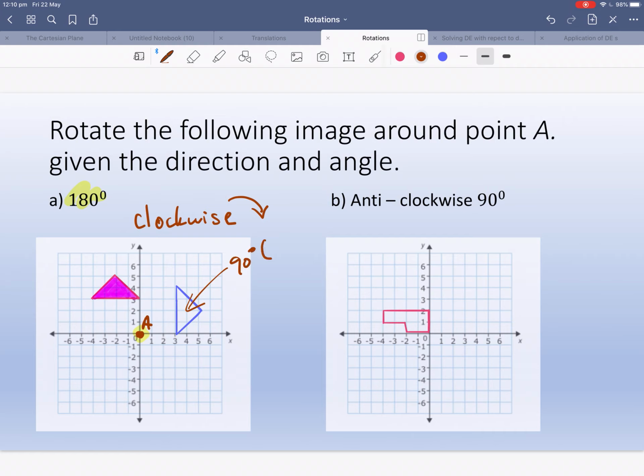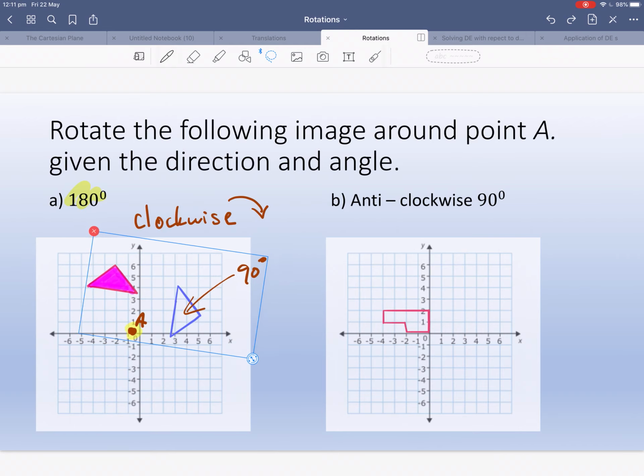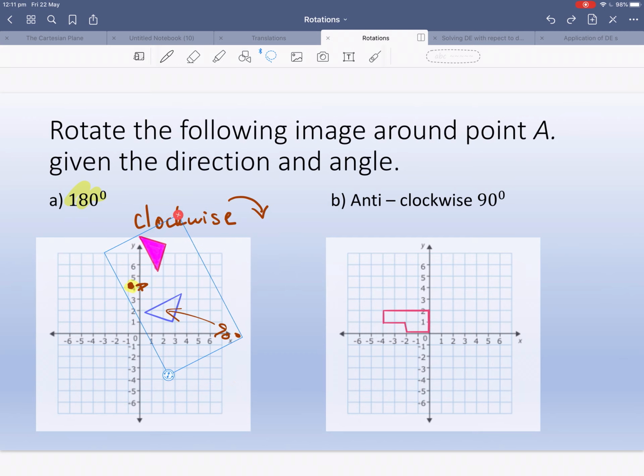That's 90 degrees clockwise, okay? So let's go again. Let's try and move it around. So we go resize. And I'm going to try and move it around the point. So I'm going to have to move it that way.